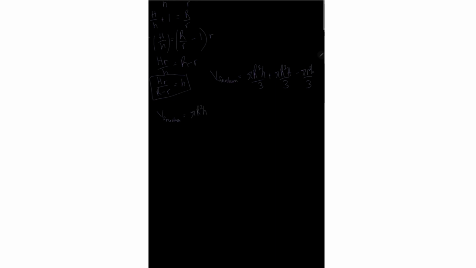This just stays pi R squared, and now we're going to plug in our little h, which is big H r over big R minus little r, times 3. This stays the same, and we plug it in here.